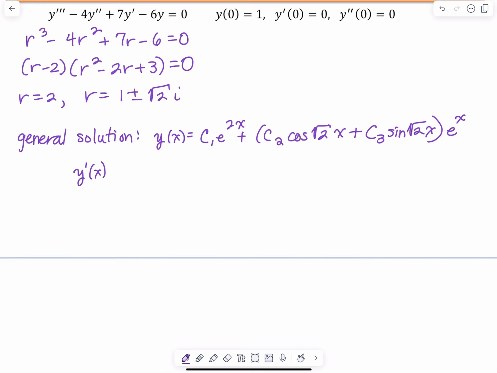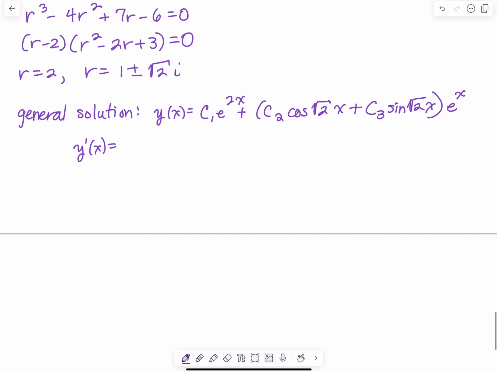So we're going to find y prime of x, and that's going to be 2c1 e to the 2x plus, and we'll go ahead and have some constants combined here.